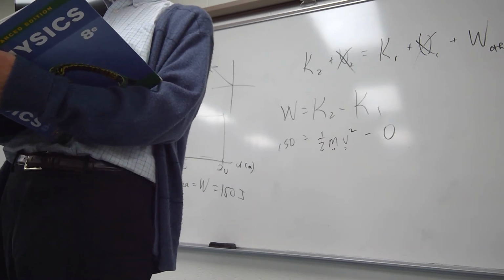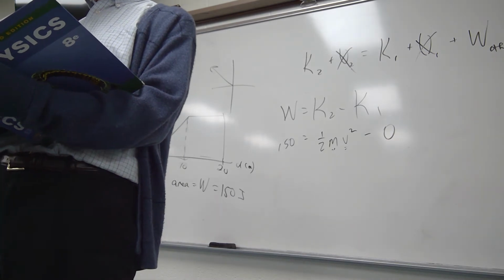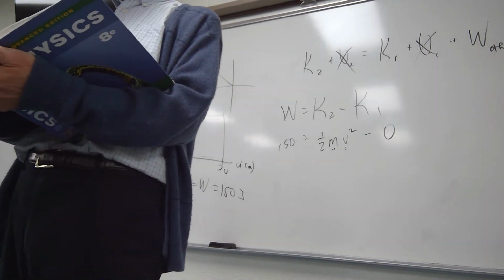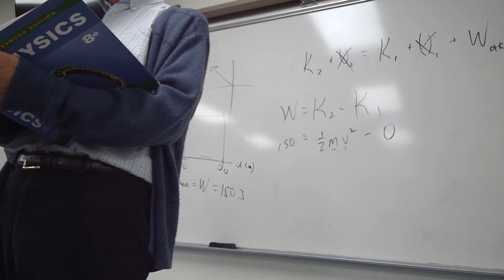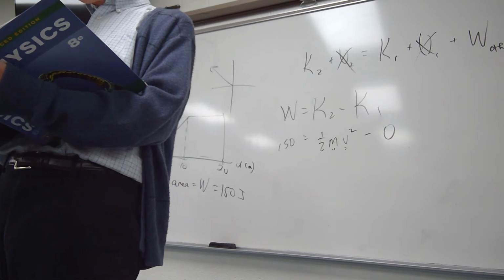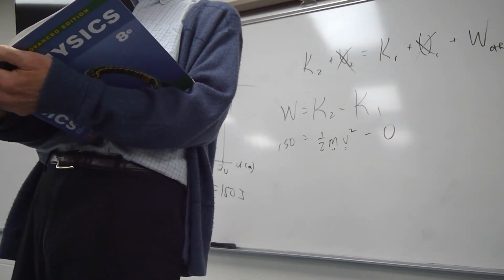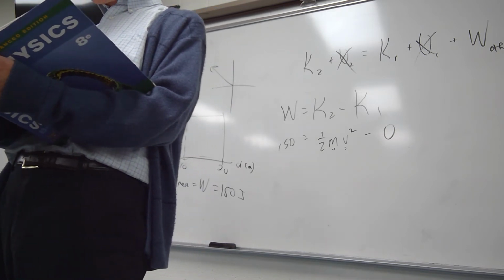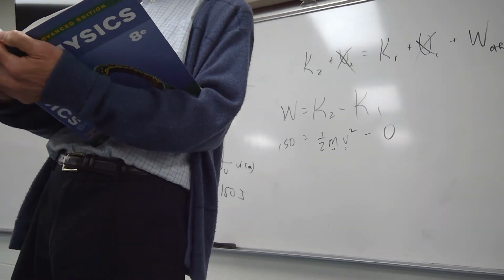D. Number 9, force F1 acts on a particle and does work W1. Force F2 acts simultaneously on the particle and does work W2. The speed of the particle does not change. Which one of the following must be true? This is a good one.